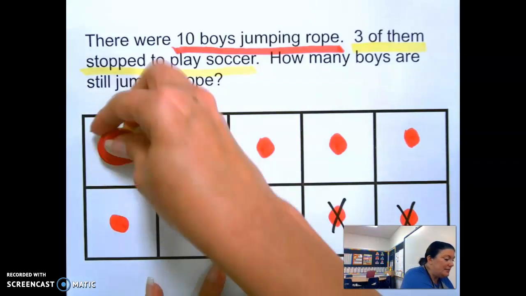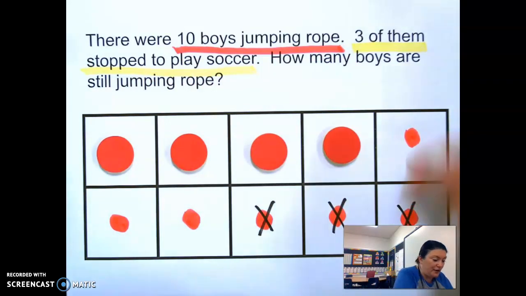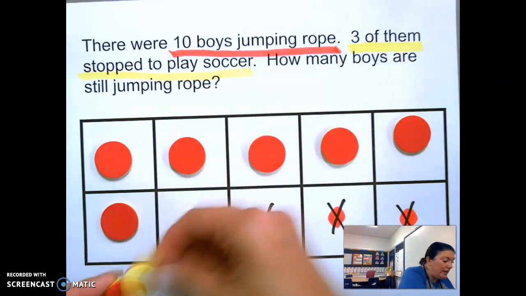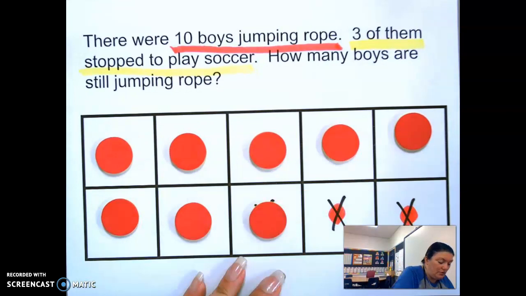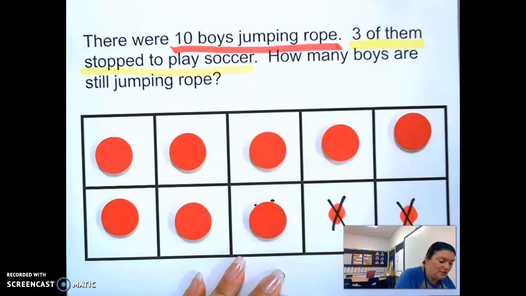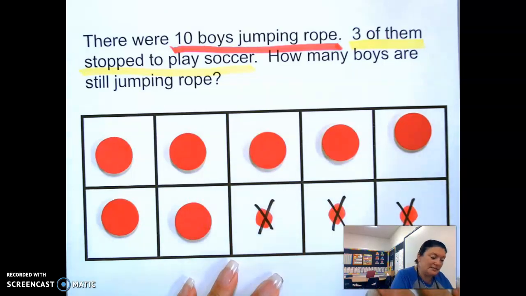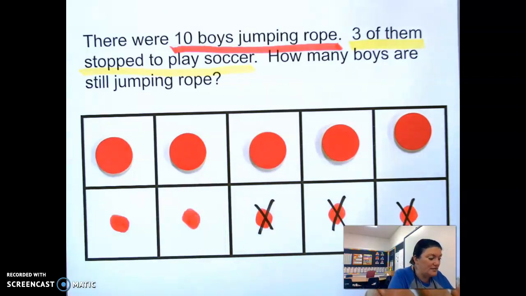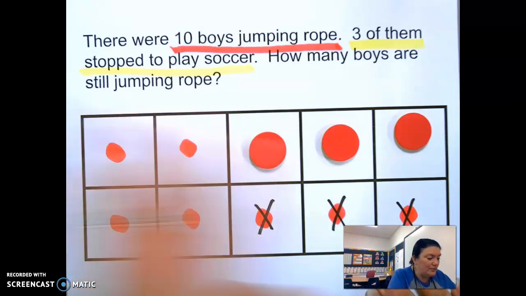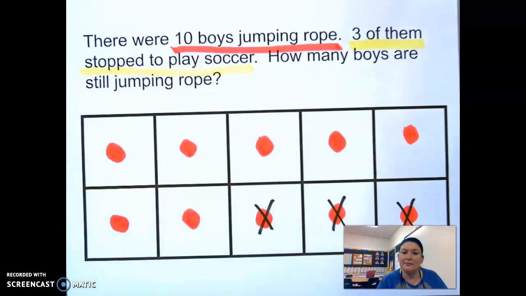We simply took our counters that we had placed on our 10 frame and we replaced them with a drawing. We replaced this one with an X, we replaced this one with an X, and we replaced this one with an X. All of these were simply represented with the red dot.